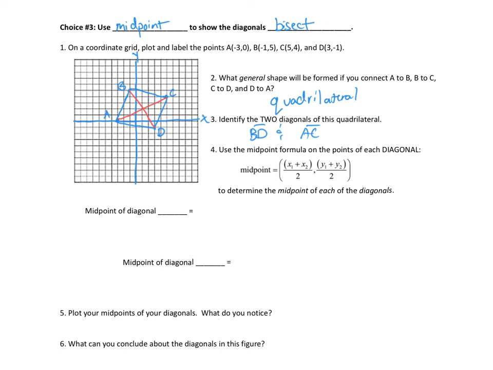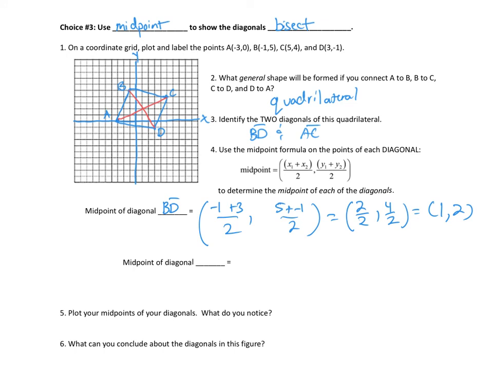So the midpoint, let's do diagonal BD using the midpoint formula. BD is negative 1 plus 3. Remember, add our x's, divide by 2. Add our y's, divide by 2. So 5 plus negative 1 divided by 2. This gives me 2 over 2, 4 over 2, which is 1 comma 2.